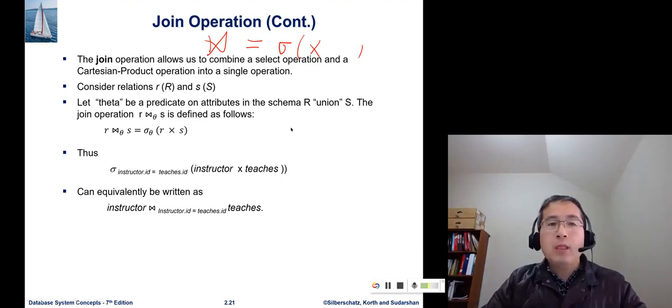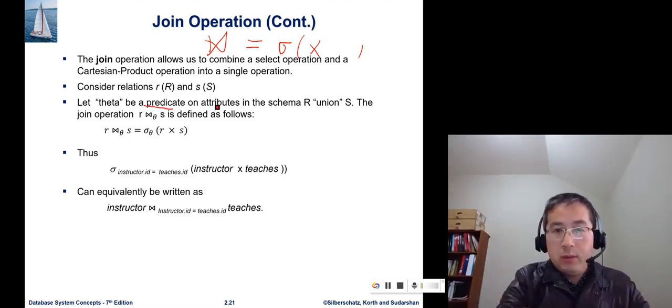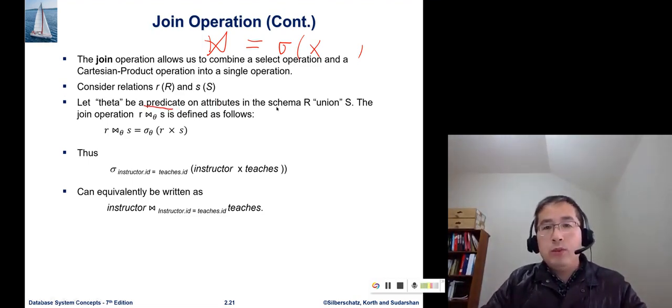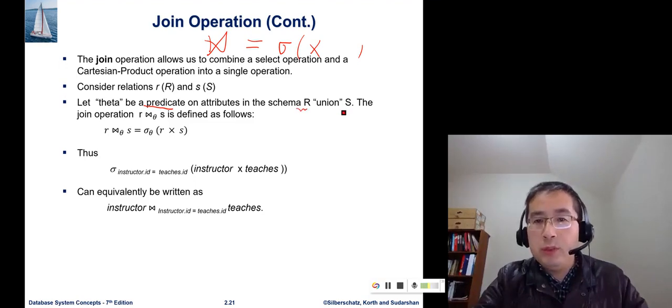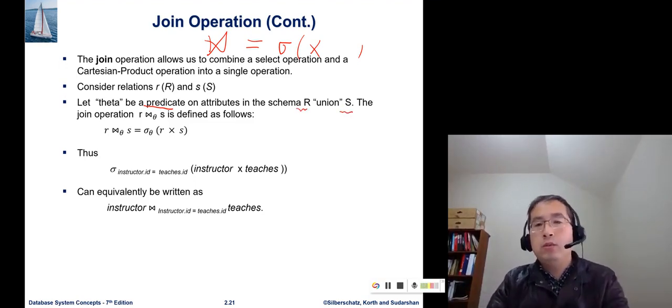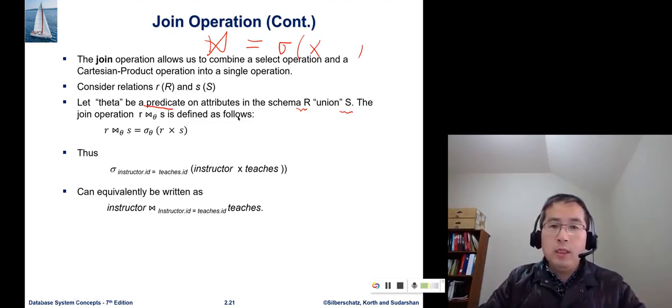Then if we have a predicate theta, we define theta as a predicate on attributes in the schema R union S. This means we put all the attributes together: one is R, the other is S. We combine them, and theta is defined on this attribute set.